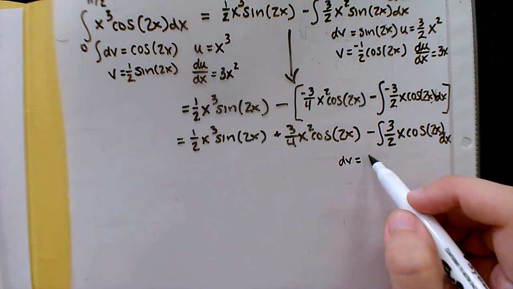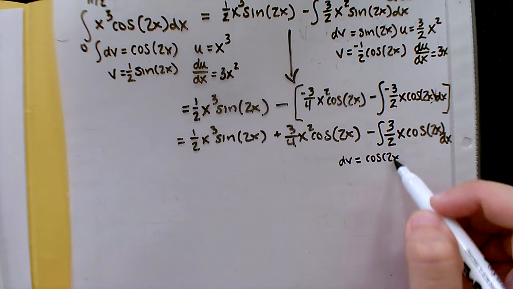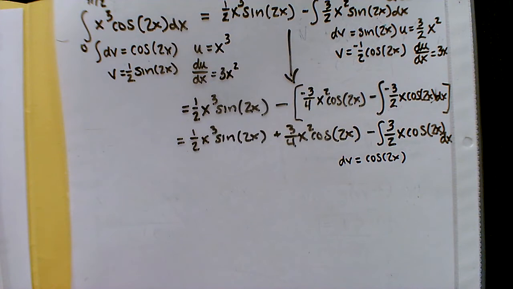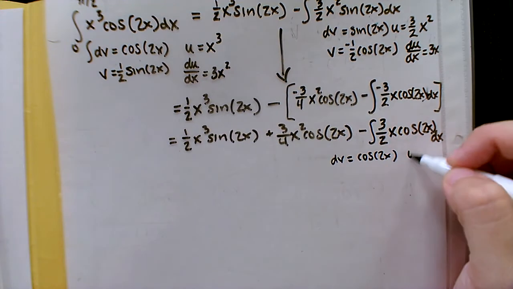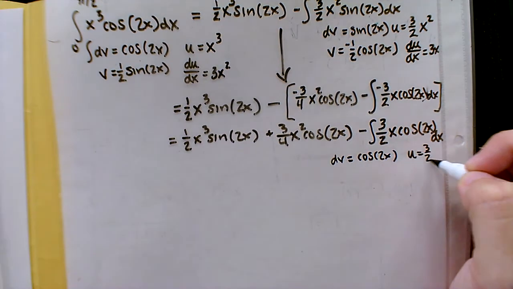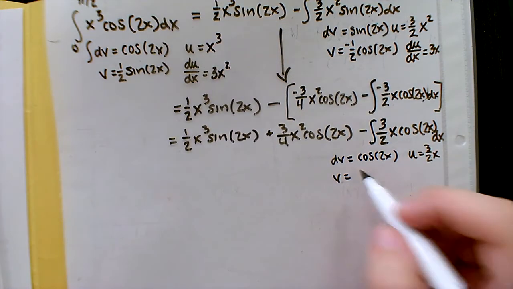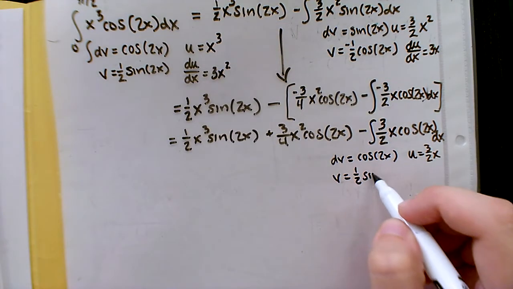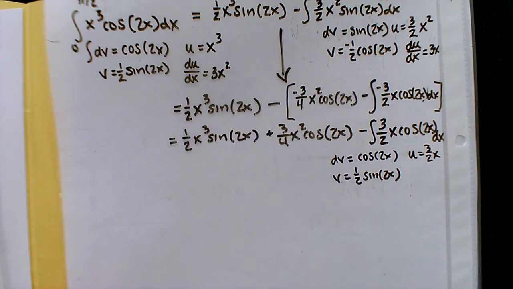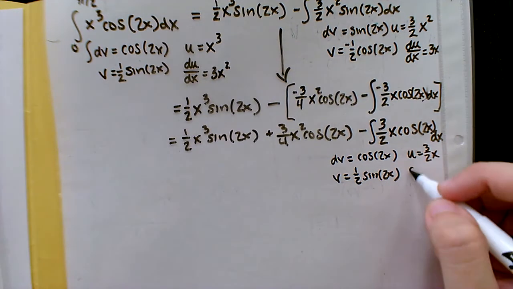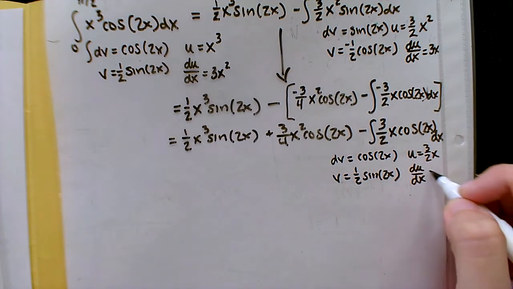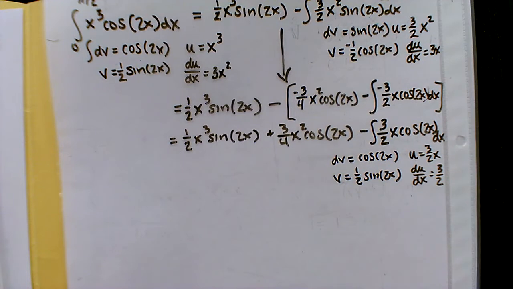All right, so we have the trig in there, and the algebraic. So backwards from our trig, we'll have 1/2 sine of 2x. Derivative of u, we'll have 3/2.